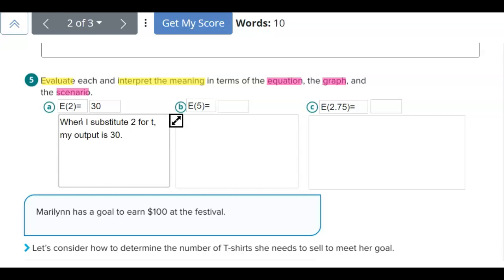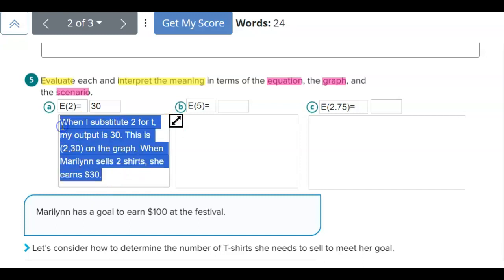What that means on the graph is this is the point 2, 30 on the graph. And what it means in the scenario is when Marilyn sells 2 shirts, she earns $30. So you're going to be doing that in each of these boxes.